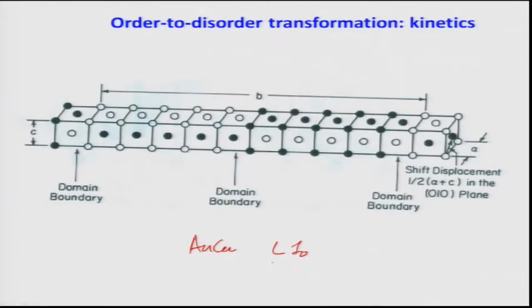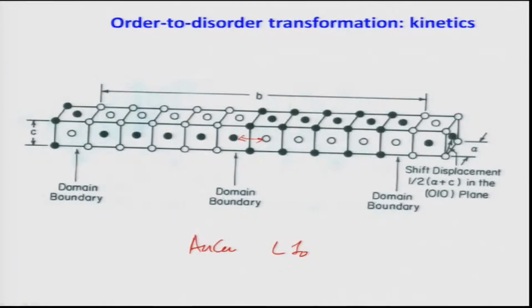Because here the atoms which are joined, or the unit cells which have joined, remember that this is the simple FCC unit cell, which is a disordered structure. Again there is an ordered structure, there is a reversal, and then there is again a reversal here. You can see there is a reversal here. This happens more frequently in the case of the AuCu structure, which is an L10 structure.